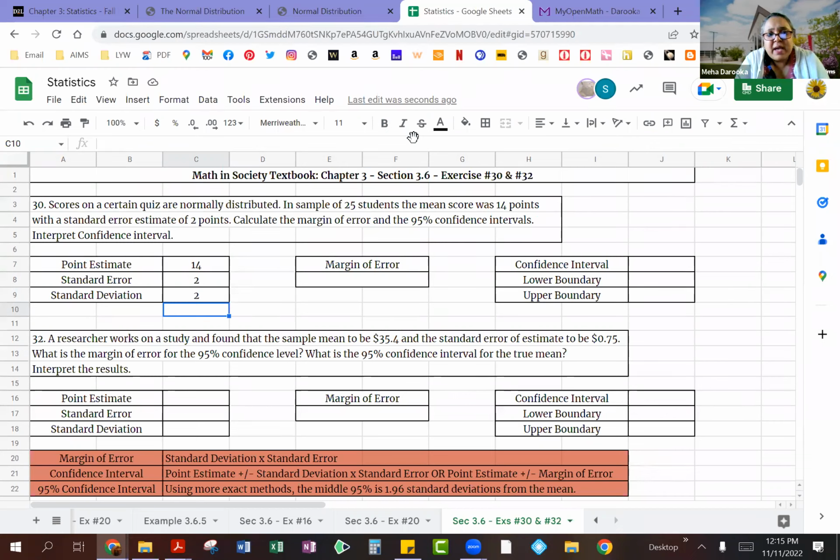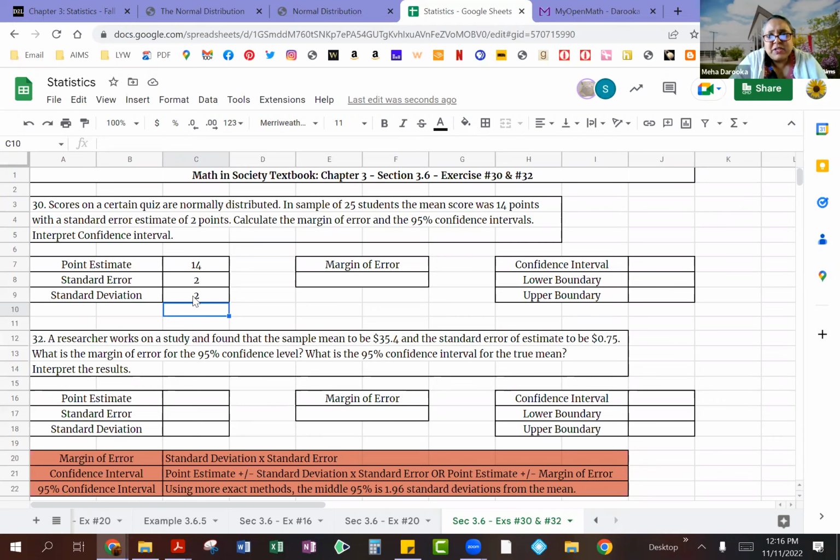And the reason why I'm not using 1.96 over here is because they're telling us this is normally distributed. So since they're telling us this is specifically normally distributed, we're just leaving it at that empirical rule value and not doing the same calculation.